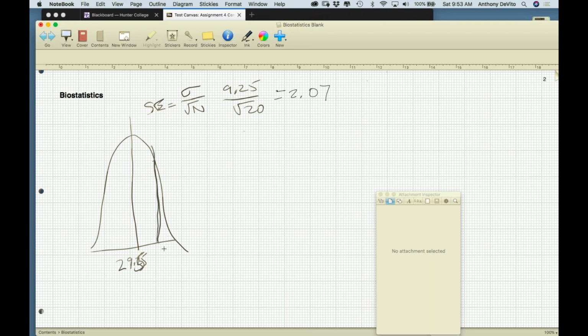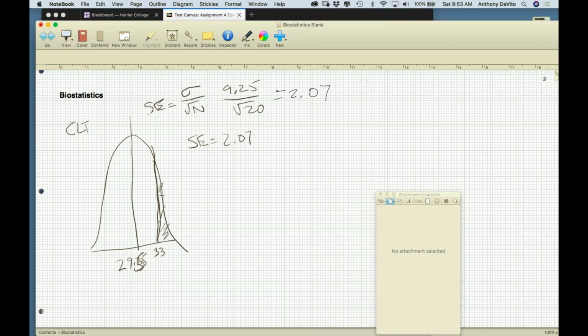So 33. What percentage of the means of the repeated samples are going to be larger than 33? We know the central limit theorem tells us that repeated samples from a population are also going to form a normal distribution, even if the original distribution isn't perfectly normal. The variability of that distribution is what we call the standard error, in other words sigma over the square root of n, which we found to be 2.07, or 2.1 if we rounded it.